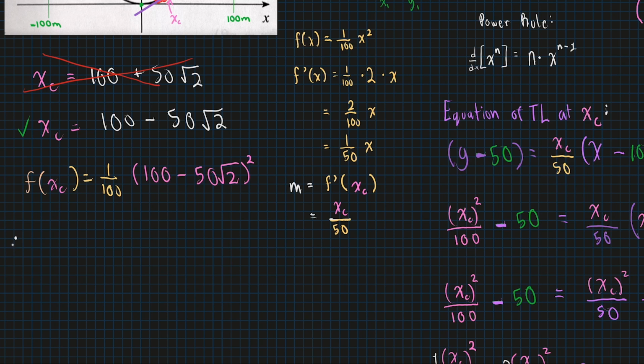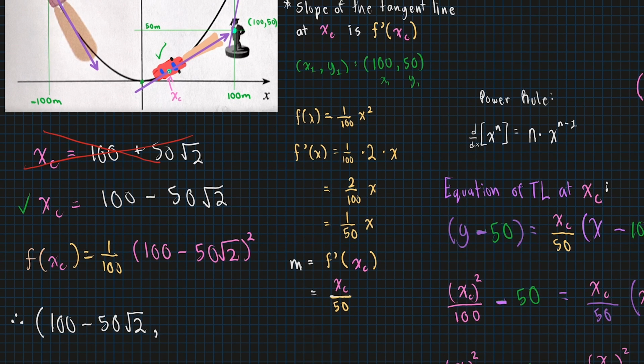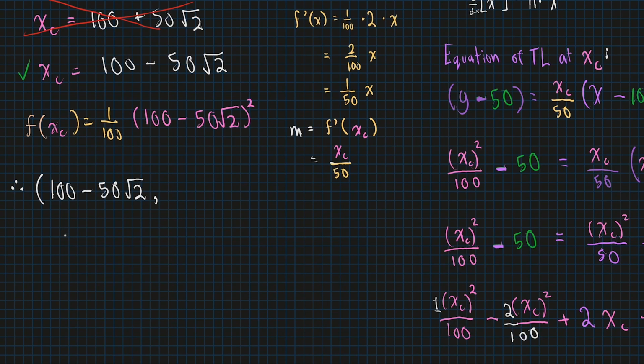Just so you know, the point is 100 minus 50 times the square root of 2. That is the x coordinate of this point we were trying to find right there. And the y coordinate is 1 over 100 times 100 minus 50 times the square root of 2, squared. Alright, that was long, but I hope that helped.